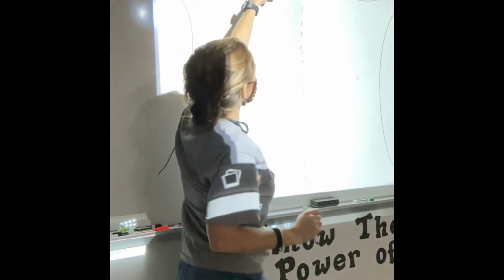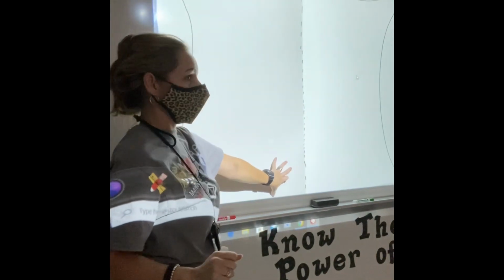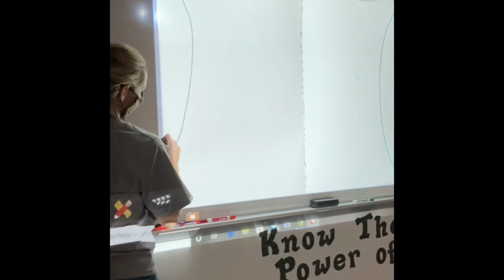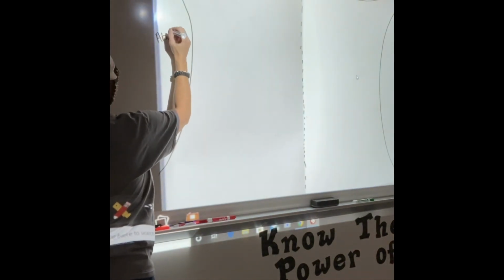The thoracic region separates the abdominal area from the pelvic area. So over here on the side again, I want you to put pelvic. And up here I want you to put abdominal.